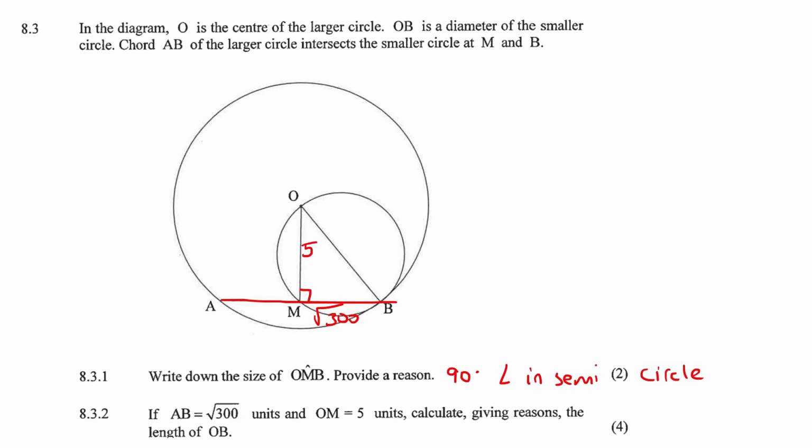That means that for us here AM is going to be the same as MB, because we had a line from the center which was perpendicular to the chord.